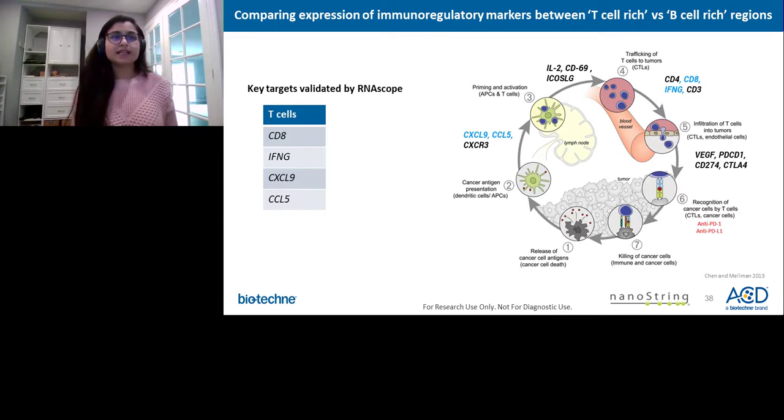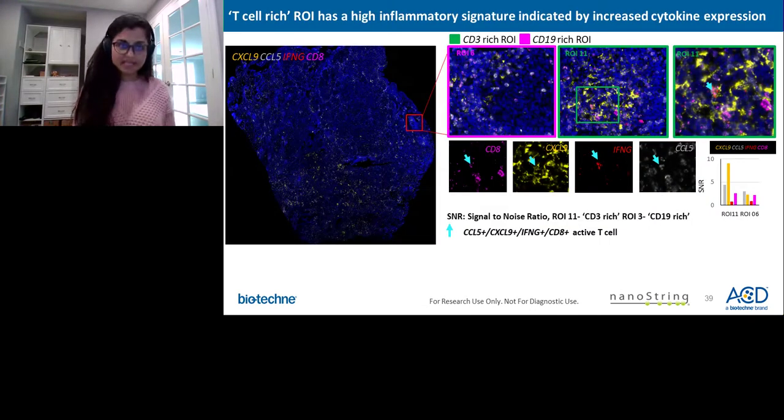As you can see here, the expression of all these 4 targets was dramatically high in ROI 11 compared to ROI 6. Now, ROI 11 is the CD3-rich or T-cell-rich region, and as a result, we would expect the expression of these targets to be high in this ROI, since most of them are T-cell markers.